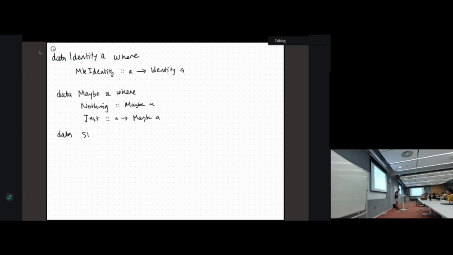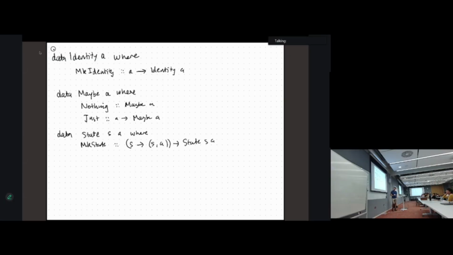The State S A means that there's some state going on here, and let's say it's got a function which takes in some state, and then produces a function like this, and then it's going to be a State S A. So what is state?